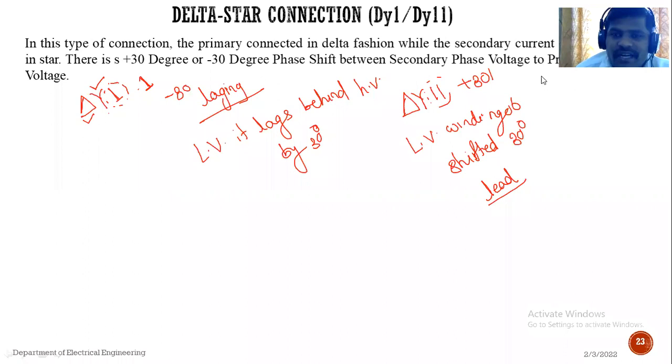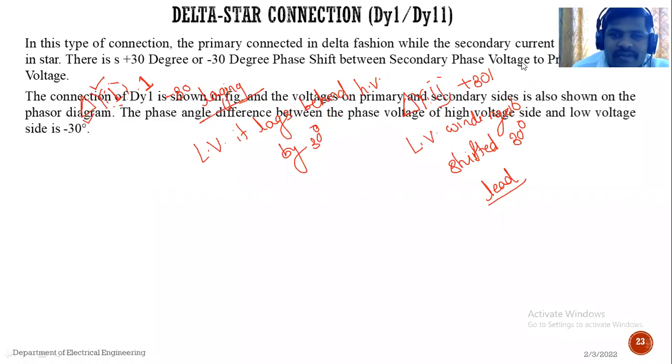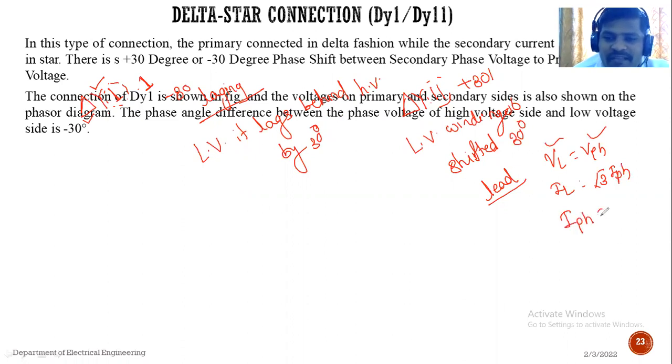So in case of delta connection, VL is equal to VPH, that means line voltage is equal to phase voltage, and IL is equal to √3 IPH. If we represent it in terms of IPH, it is equal to 1/√3 times IL. That means the phase current is 1/√3 times the line current.